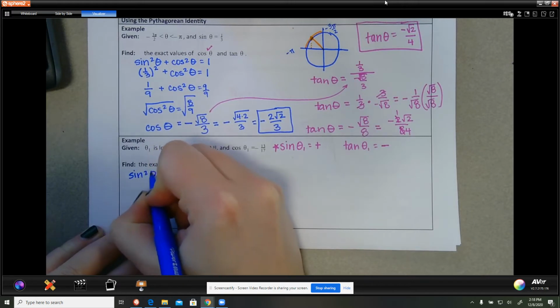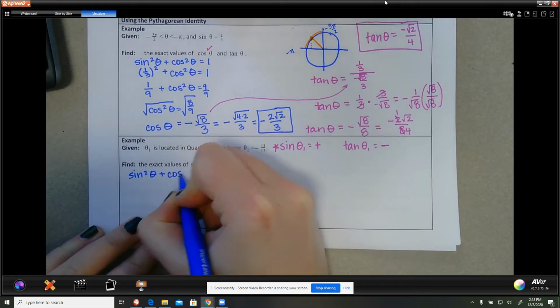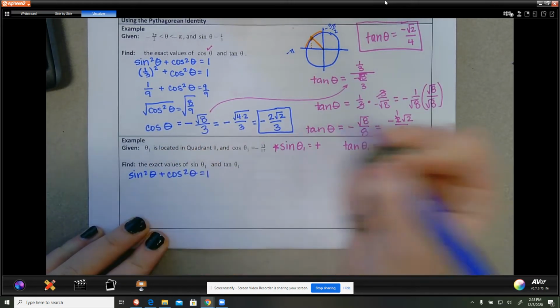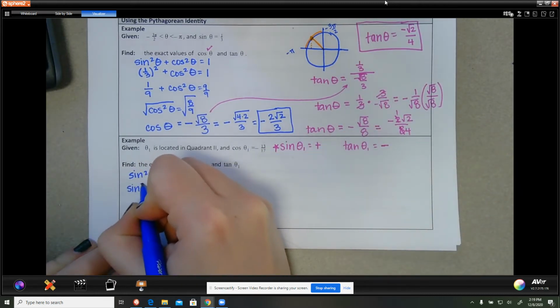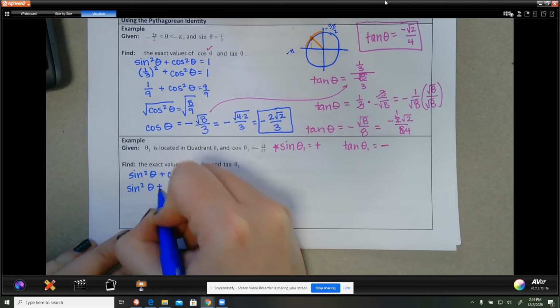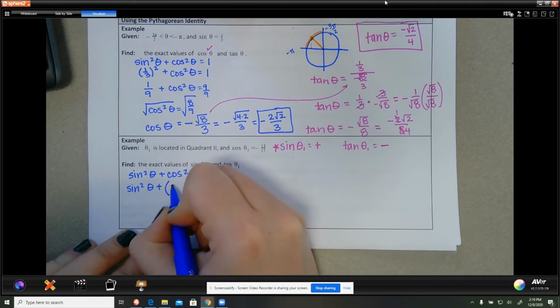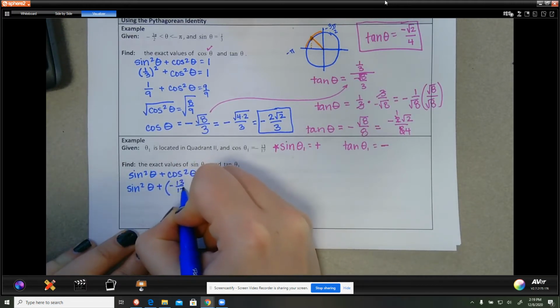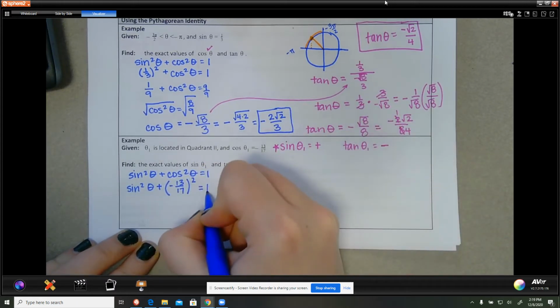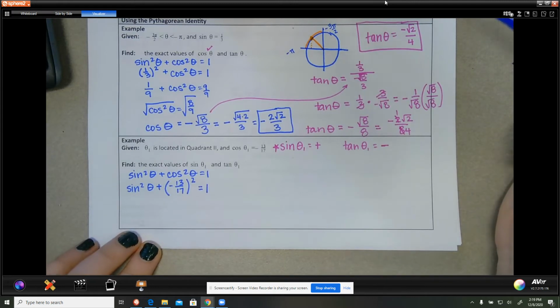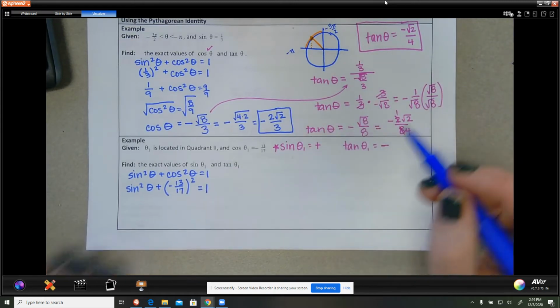Okay, so let's start with that Pythagorean identity. Sine squared theta plus cosine squared theta is equal to 1. And now we're given cosine. So let's go here. Negative 13 over 17 squared. And that's equal to 1. All right, so you'll notice that even when you square a negative, it becomes positive. So I'm going to just do this.